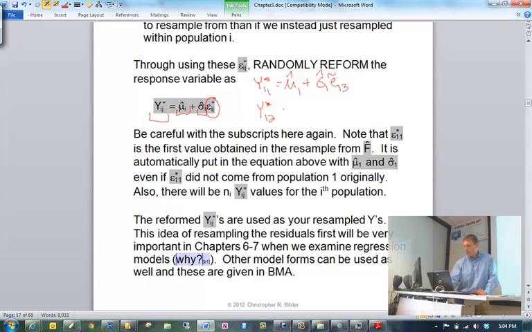Y12 star is going to be mu hat 1 plus sigma hat 1 times E tilde 2,1. That's how I form my resamples, or the y stars, I should say. Now you can work with these y stars like you normally would. That's it.